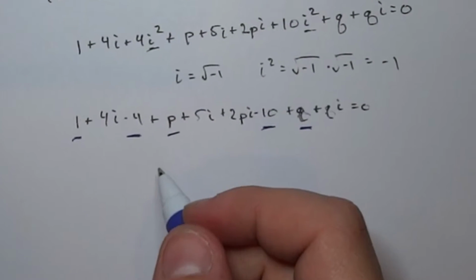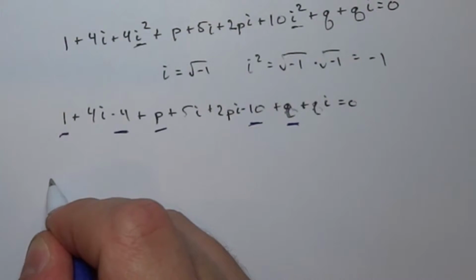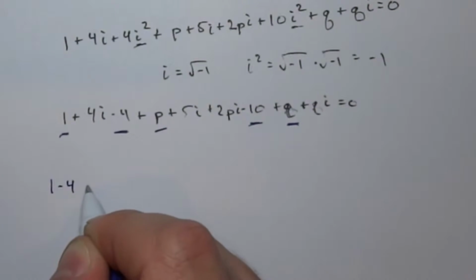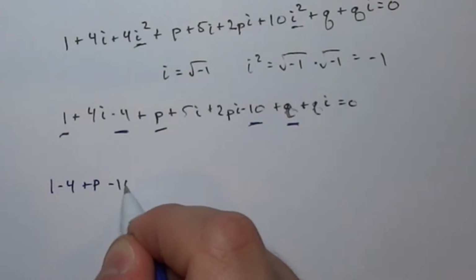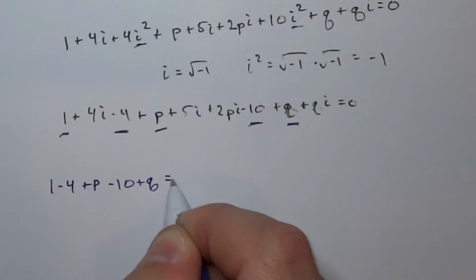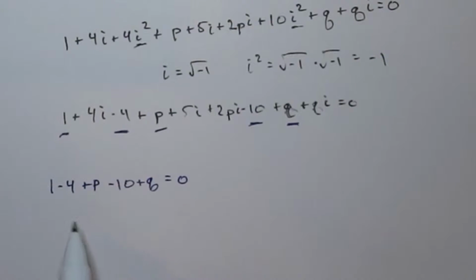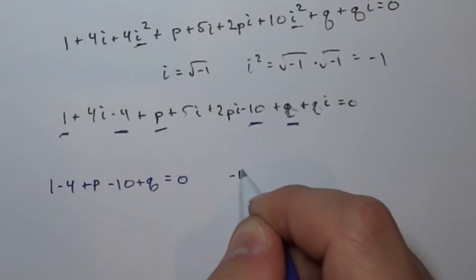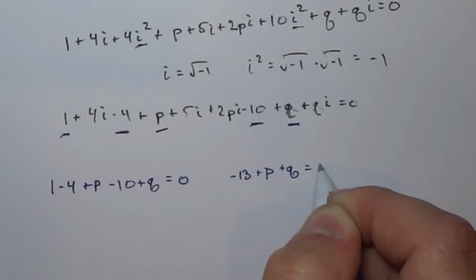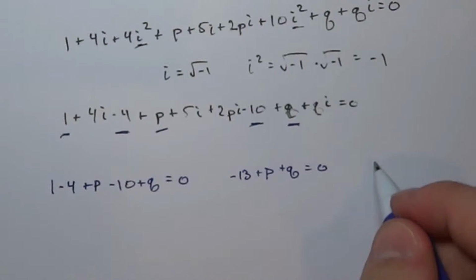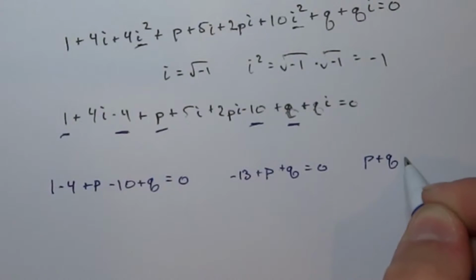So this is going to give me 1 minus 4 plus p minus 10 plus q equals 0. So 1 minus 4 minus 10, that's going to be -13. So -13 plus p plus q equals 0. And I can say p plus q is equal to 13.